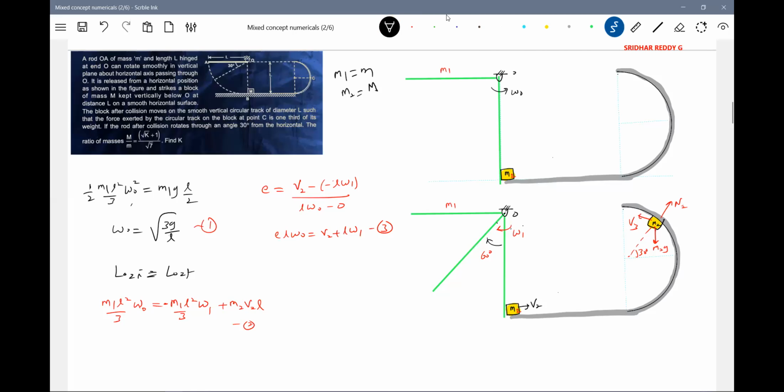Applying again conservation of mechanical energy, this should be equal to half m1 L square by 3 omega 1 square equal to m1 G L by 2 into 1 minus cos 60 degrees. Omega 1 will be root 3G by 2L.